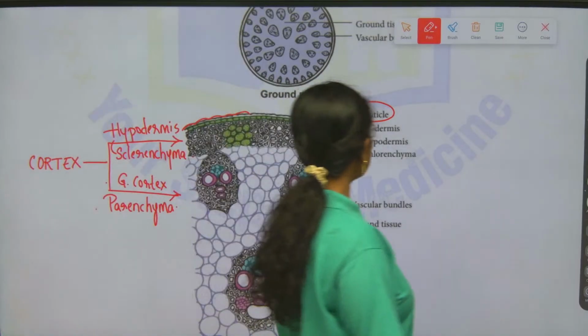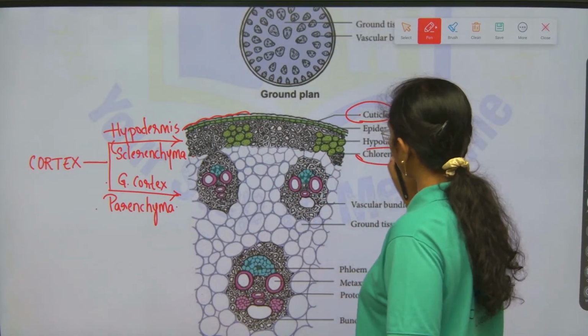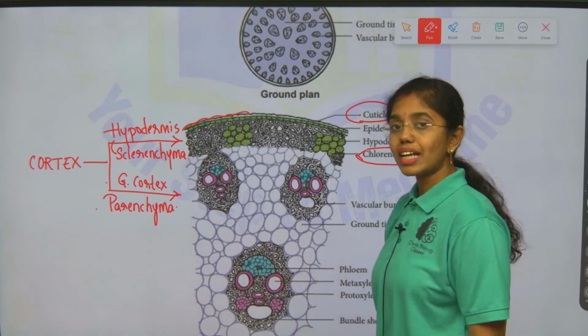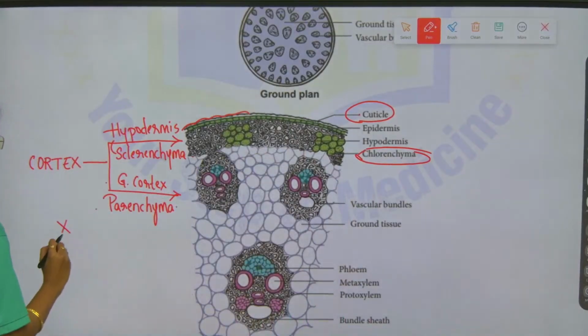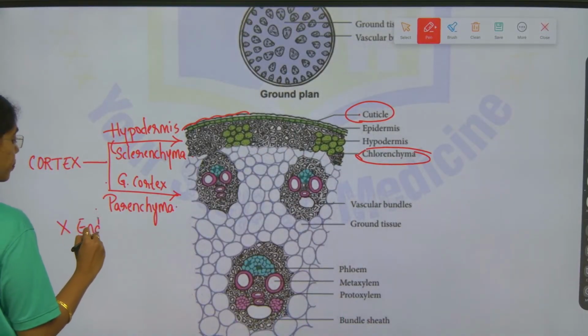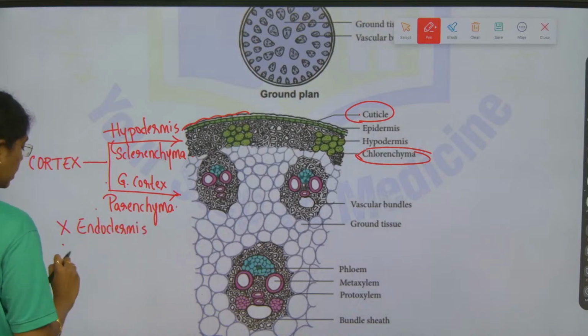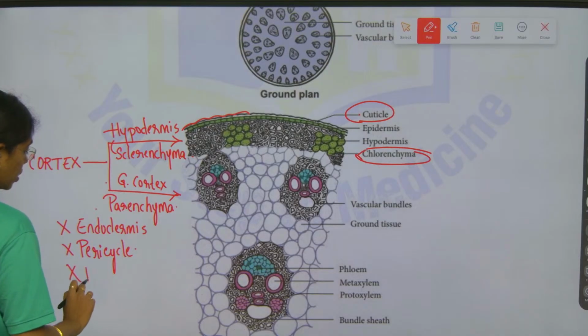Few of the cells of the above layered parenchymatous cells can contain chlorophyll, and you will call it as what? Chlorenchyma. Here in the general cortex, after which you do not have any endodermis, there is no endodermis, no pericycle, no pith and no medullary rays.